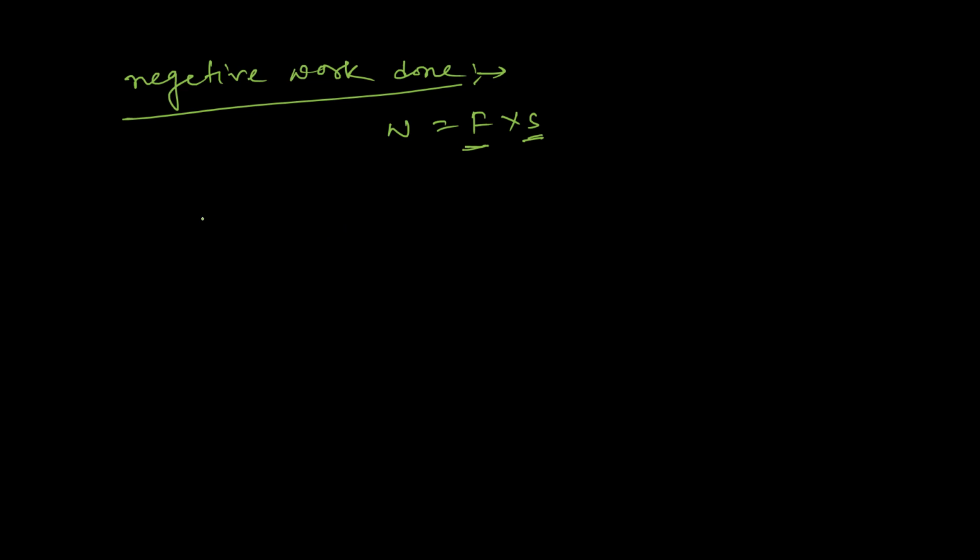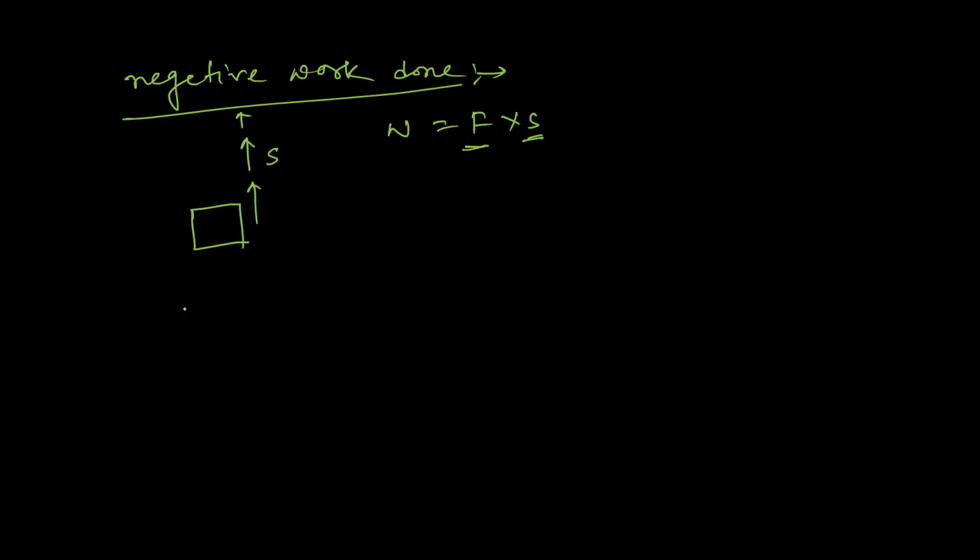Now work done in this case can be found in a particular way. You have an object and you are just throwing the object in the upward direction. So obviously the displacement is along the upward direction, but what force is working on it?